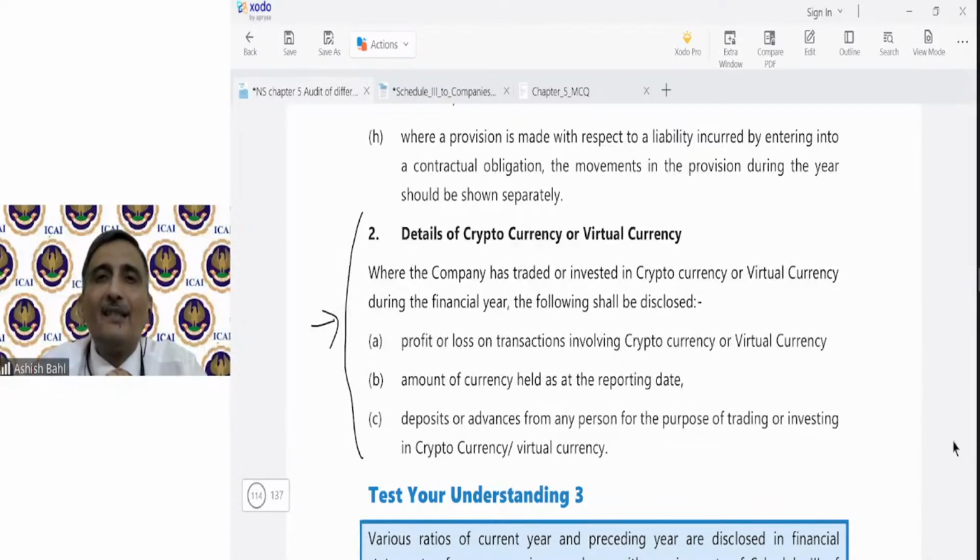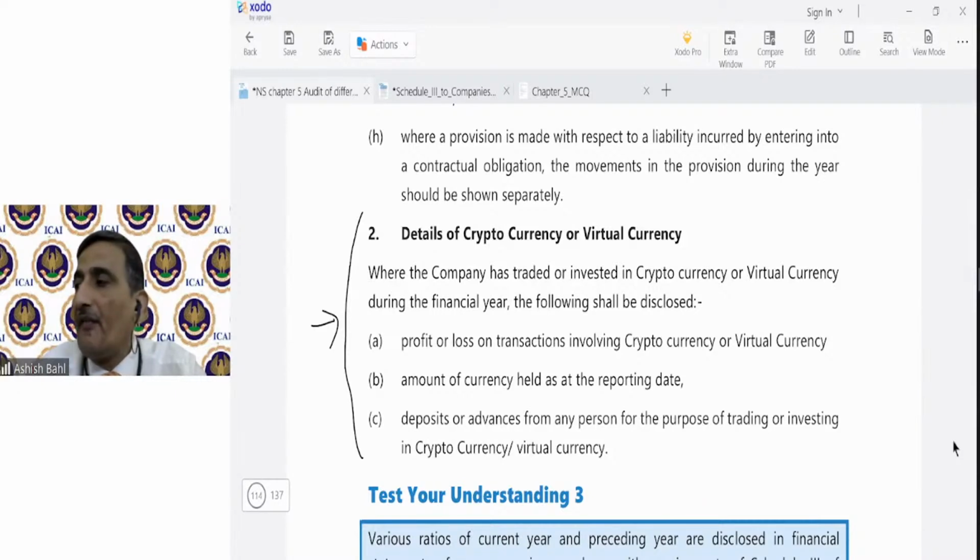As far as crypto is concerned, you have to remember that crypto is not a legal tender. It doesn't have a legal tender like a normal currency. Although it is called a virtual currency, it is a virtual asset. It is a digital asset, a virtual asset which is being traded.